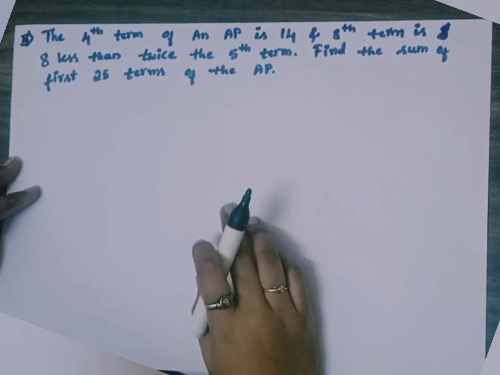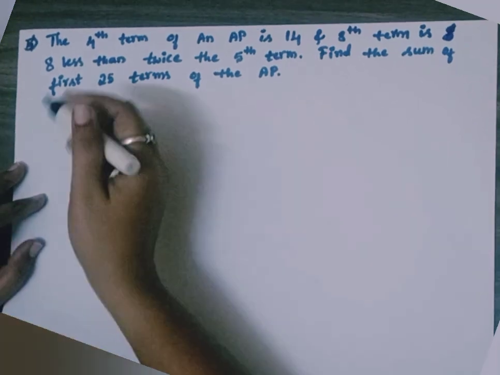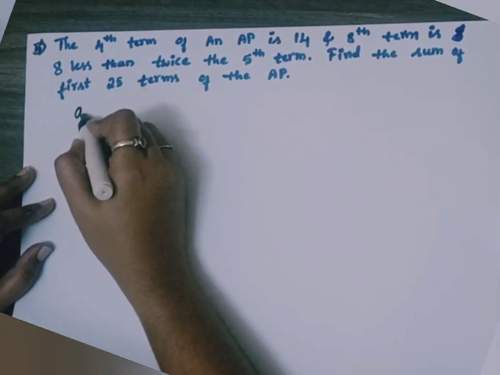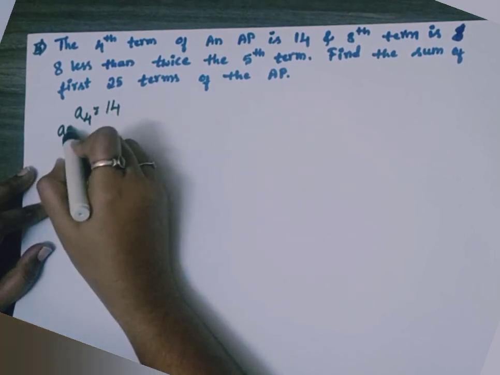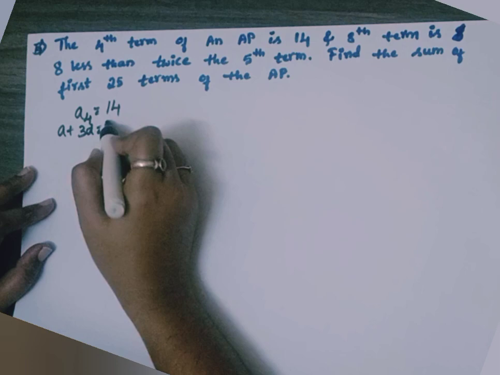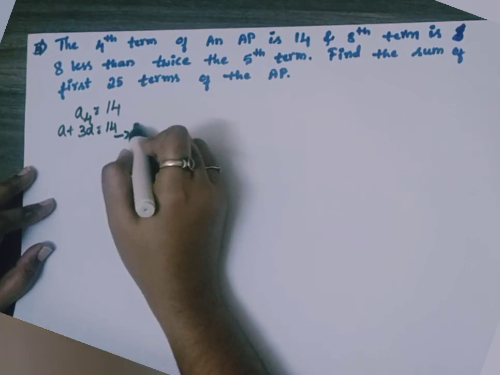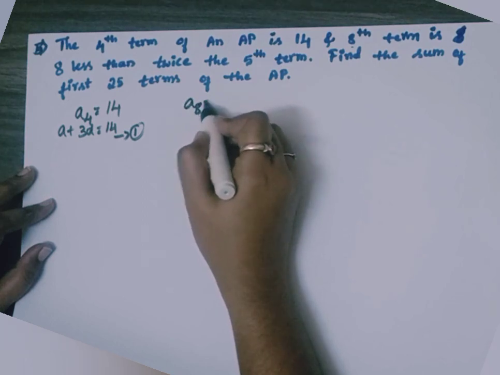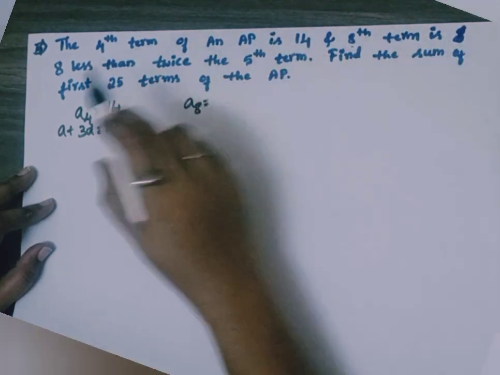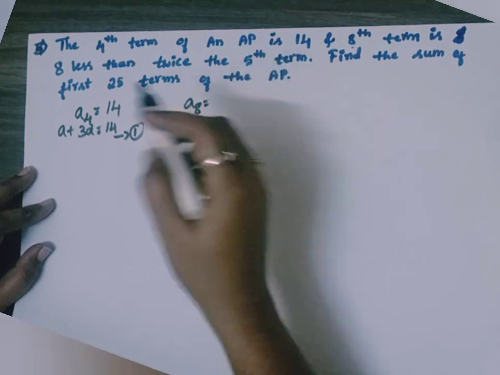Third sum: the fourth term of an AP is 14 and the eighth term is 8 less than twice the fifth term. Find the sum of the first 25 terms of the AP. They gave that the fourth term, a4, is 14, so I can write a plus 3d is equal to 14. I'll mention this as equation 1. Next, the eighth term, a8, is 8 less than twice the fifth term.